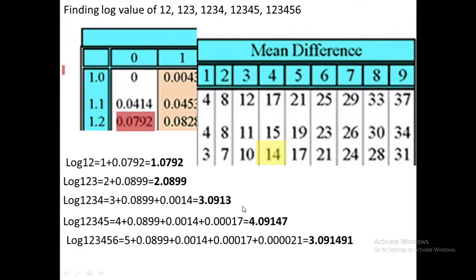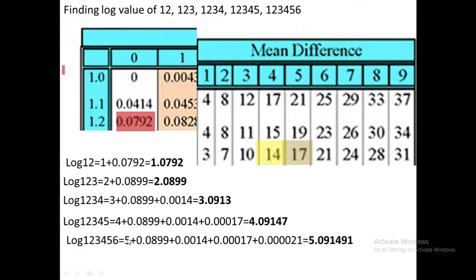For that we again look at the mean difference, but this time, where earlier we divided by 10,000, now we divide by 1 lakh. So the actual value which we add is 0.00017. The final log value will be 4.09147.